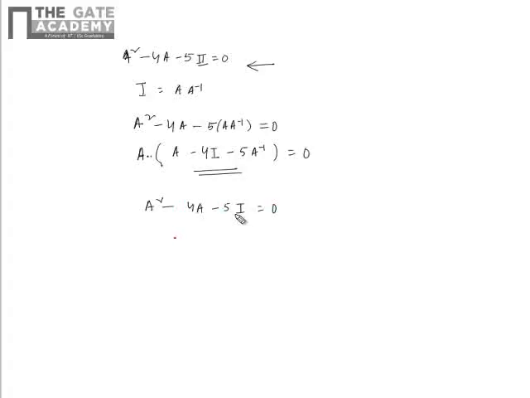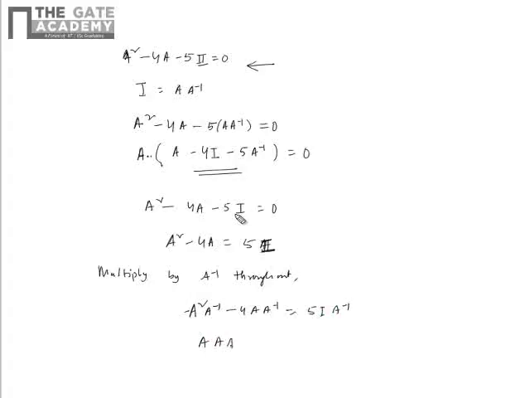That 5I I can take to the other side. And now if I multiply by A inverse throughout, I get A square A inverse minus 4A inverse is equal to 5I A inverse, right? And now A square A inverse can be written as A, minus 4A inverse is I, equal to 5I A inverse is A inverse.